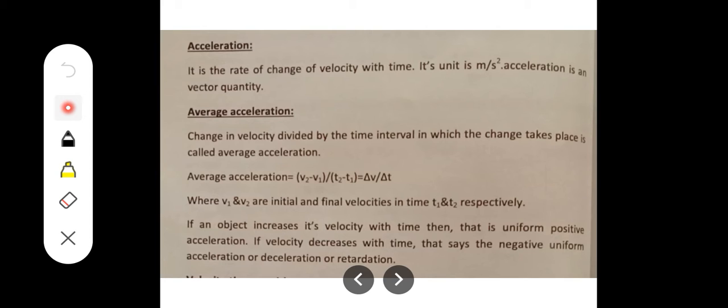So it is nothing but change in velocity by change in time, delta v by delta t.